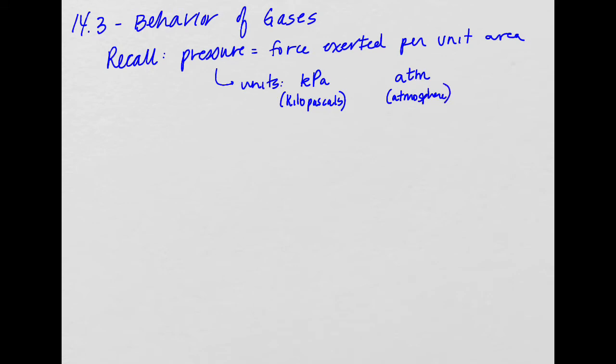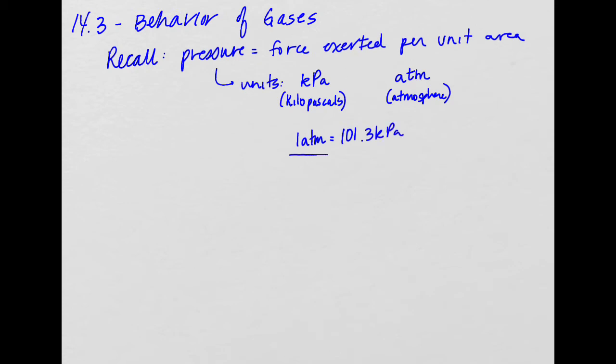That can be confusing because there's an atmosphere above the earth, but what I'm talking about is the unit of pressure, atmosphere. We have a conversion that we need to know: 1 atmosphere equals 101.3 kilopascals.